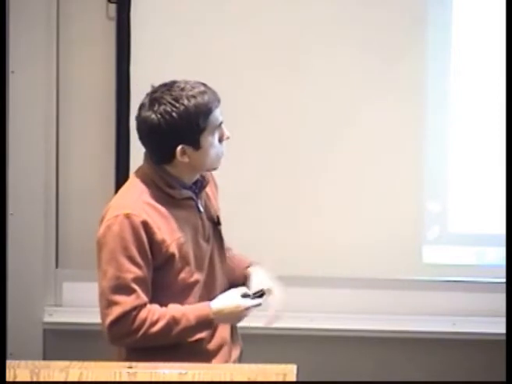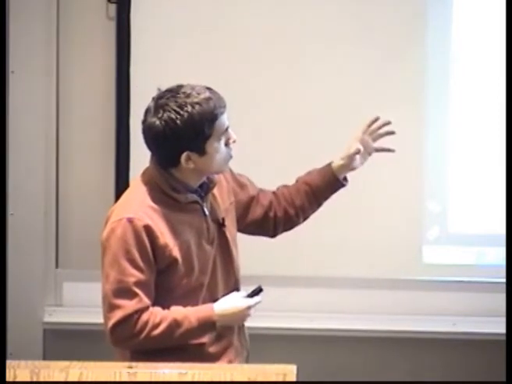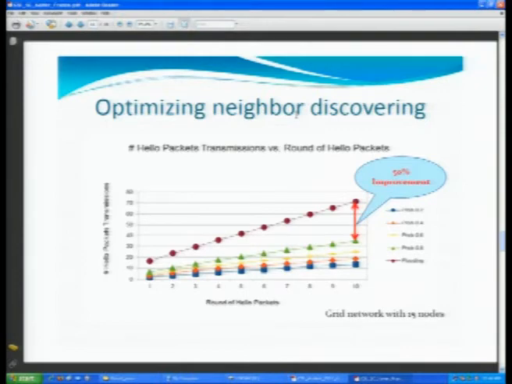Well, here I'm trying to optimize the neighbor discovery. It's like a proof to show how well this technique performs. It seems that even when I have a probability of transmission in each channel of 0.8, the improvement is big. This is the number of hello packet transmissions.